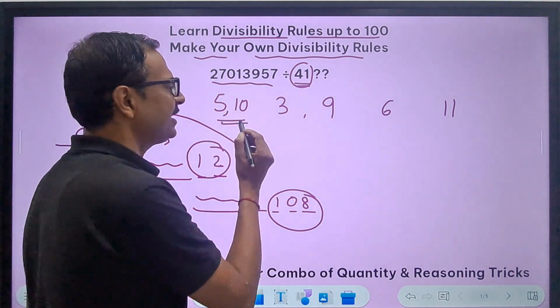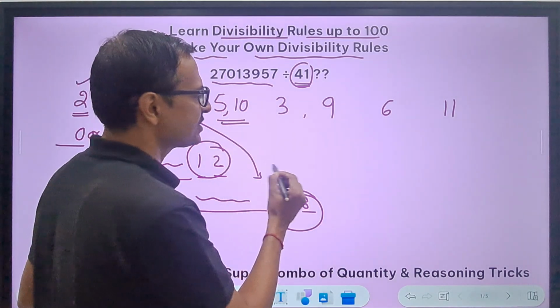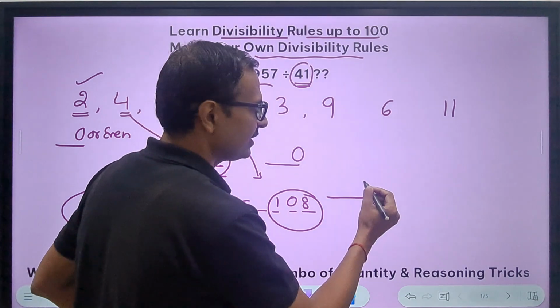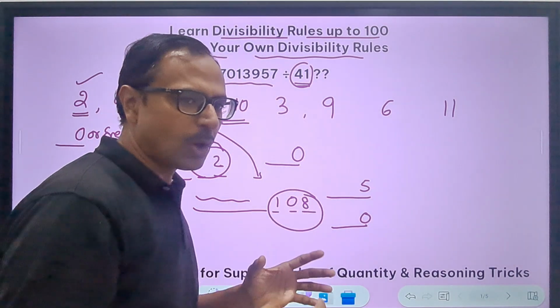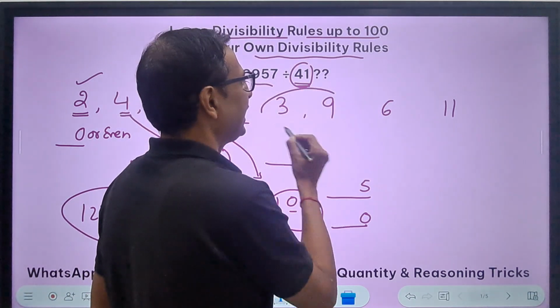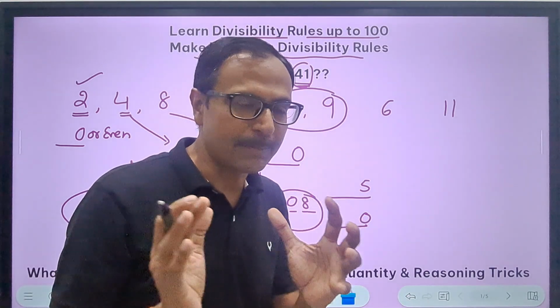Likewise 5 and 10, that's most obvious. For 10, the last digit has to be 0. For 5, the last digit has to be either 5 or 0, right? That is the most obvious rule. Now 3 and 9, they are studied together because they are based on the digit sum of a number.